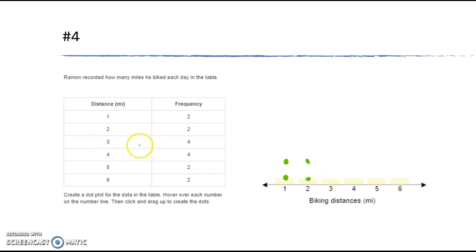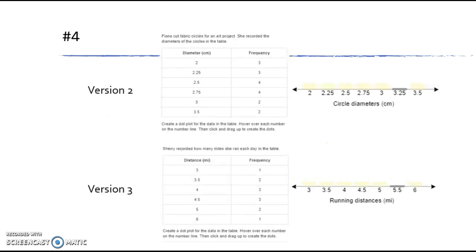The distance of 3 miles has a frequency of 4, so you'll click and drag the 3 section to have a height of 4, and you will just continue in that same pattern, following what the table tells you to do. Very similar for versions 2 and 3, except your numbers are different.